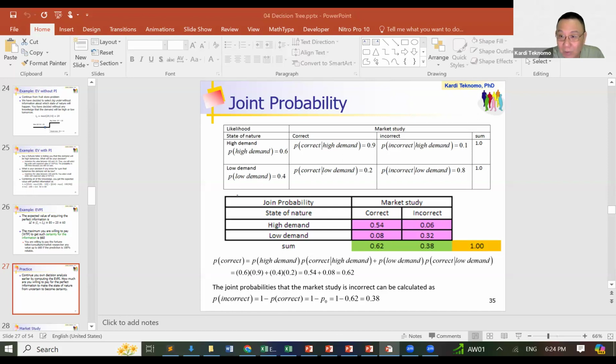0.6 multiplied by 0.9. So this is the result. And then when you sum down here, you get the probability that this is correct, and this is the probability that this is not correct. So you get the prior of correct market study or incorrect market study. Wow, this is not an interesting one.